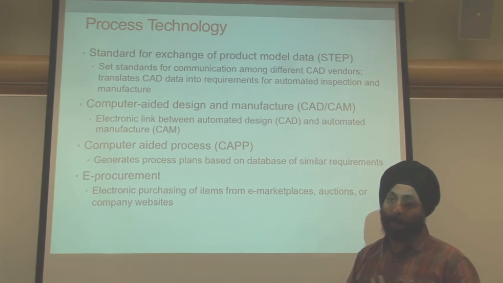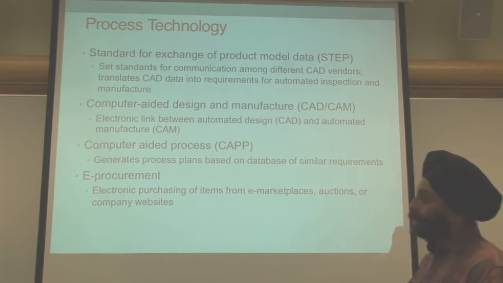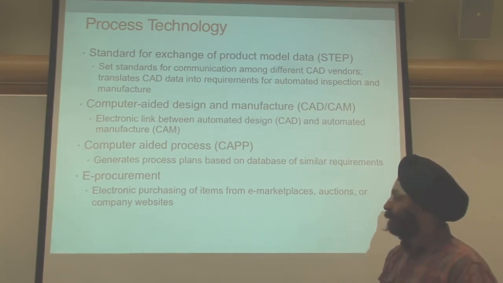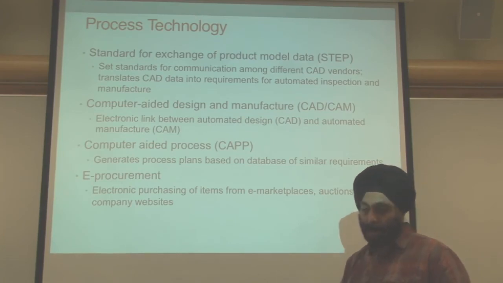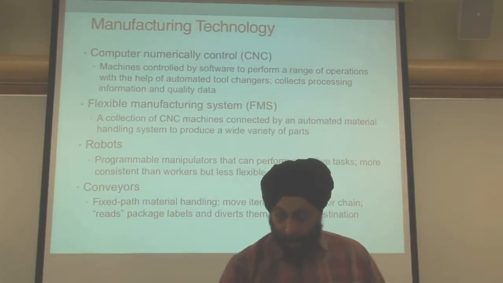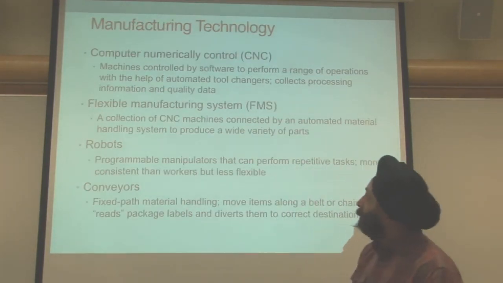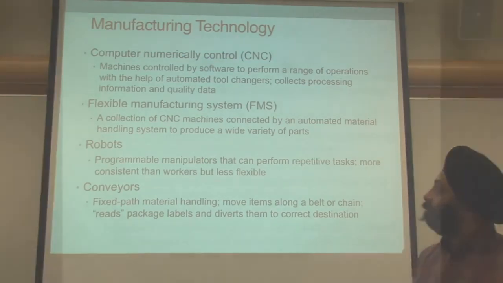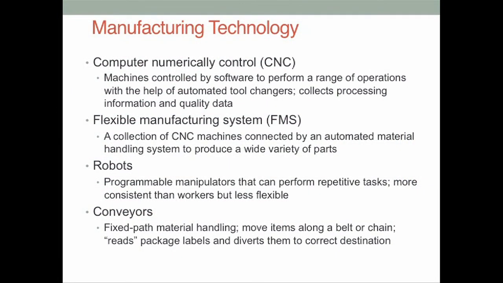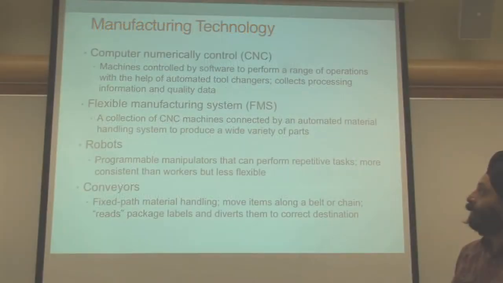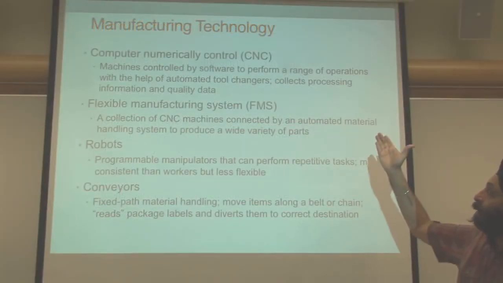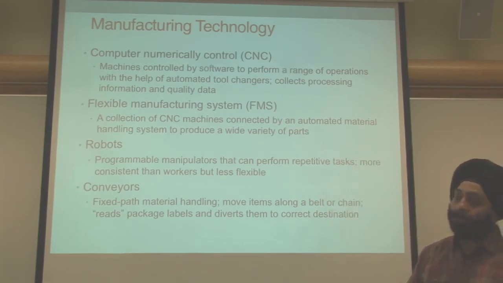And we mentioned e-procurement, buying materials and sub-assemblies from suppliers through an online e-marketplace. Then you have manufacturing technology, computer numerically controlled machines, which are controlled by software to perform a range of operations with the help of automated tool changers, and collect processing information and quality data.